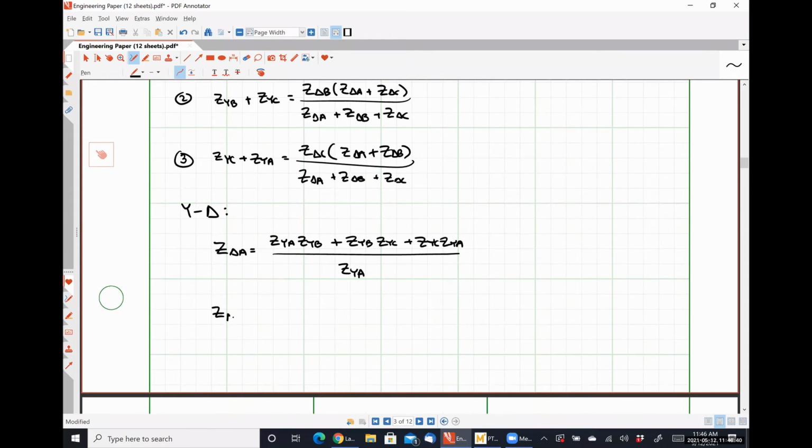I could say that Z delta B is going to be that exact same numerator, ZYA ZYB plus ZYB ZYC plus ZYC ZYA, all divided by ZYB.